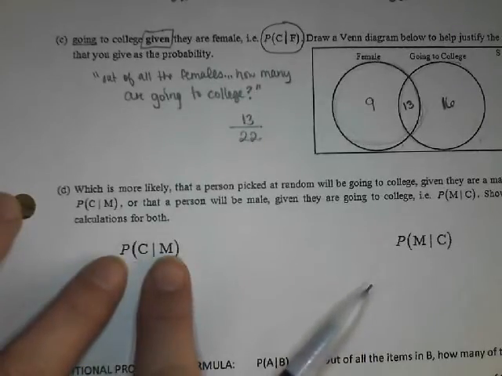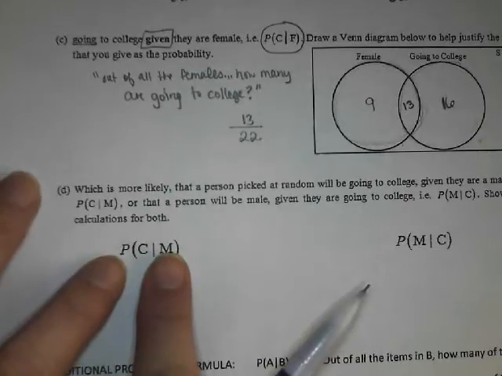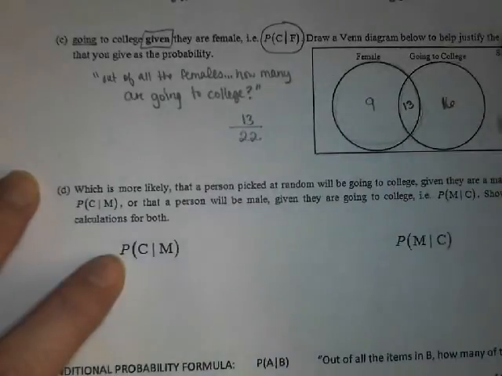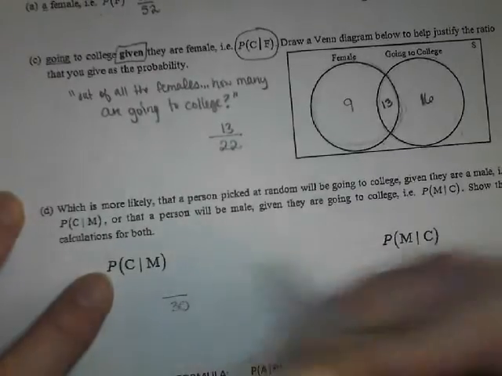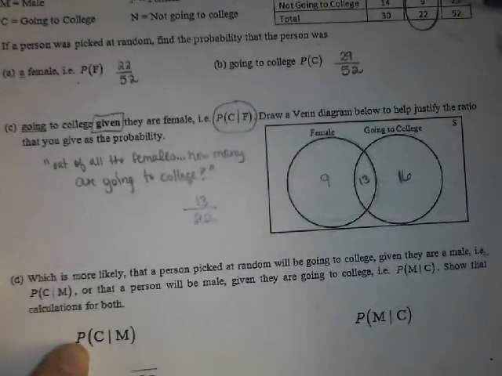So let's start with, we're only looking at the male population. How many males are there? How many males total are there? 30. So out of the 30 males, how many of those 30 males are going to college? 16. So that's up here.